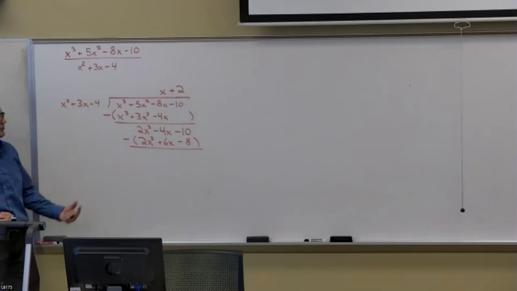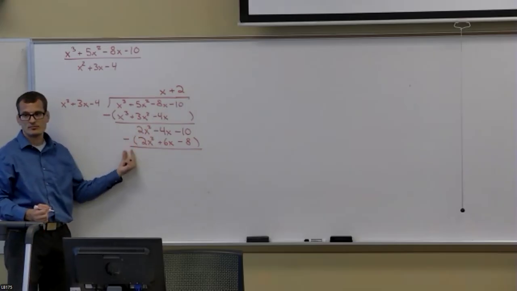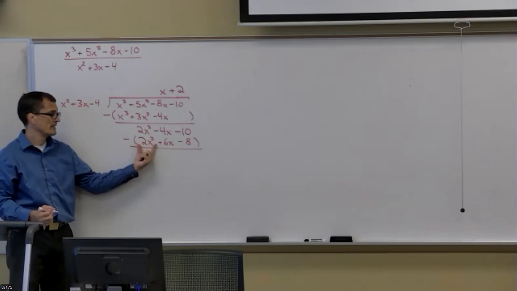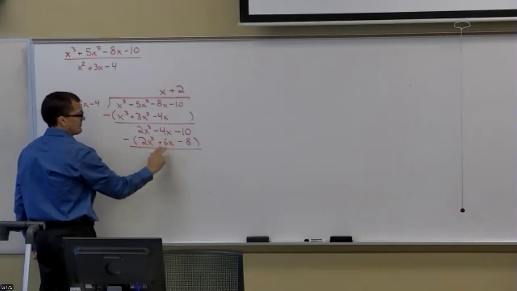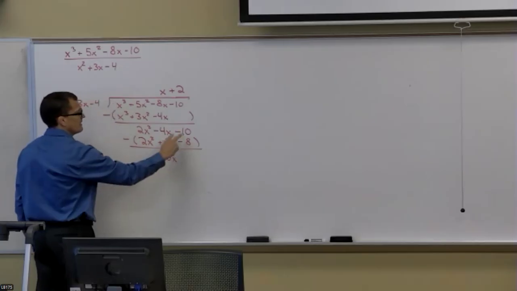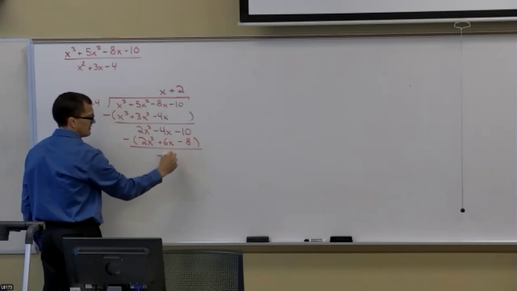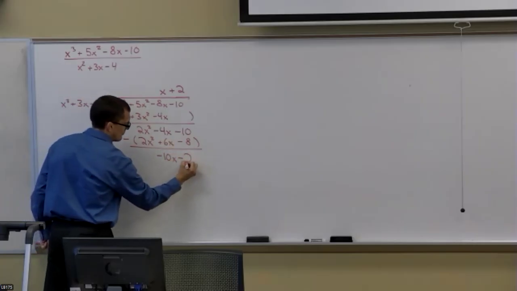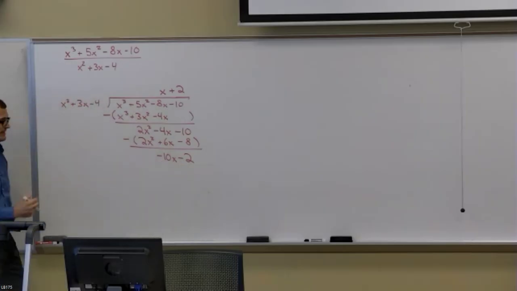Again, the reason we wanted these two terms to match up is so that when we subtract, we get rid of that entire x squared column. Negative 4x minus 6x gives me negative 10x. Negative 10 minus a negative 8, negative 10 plus 8 gives me minus 2. So negative 10x minus 2 remains.